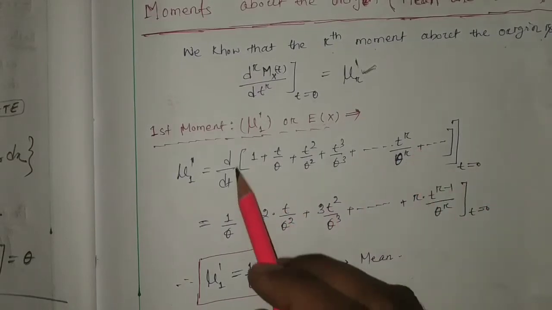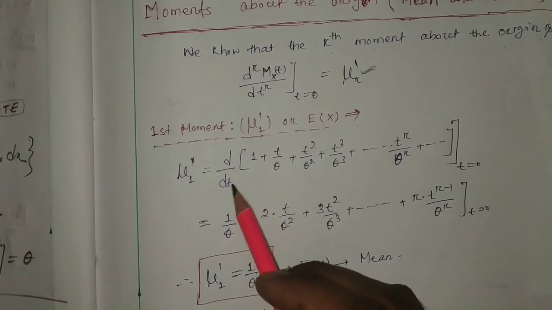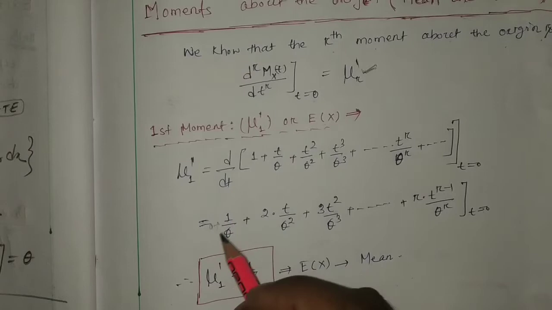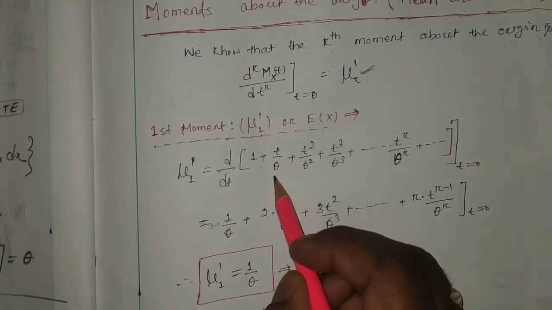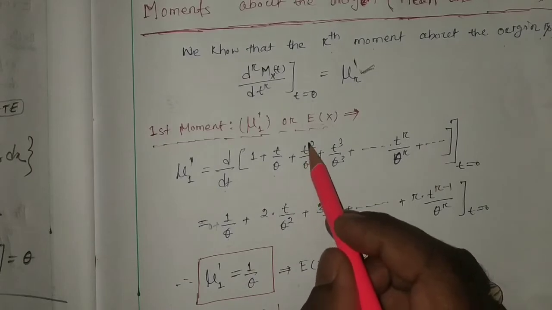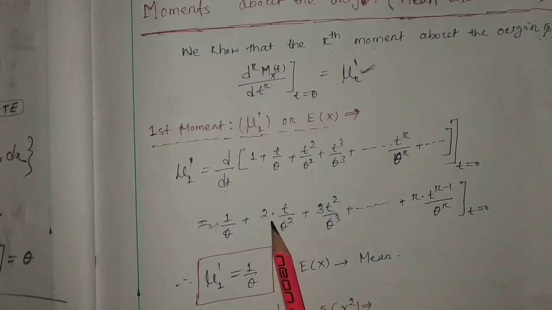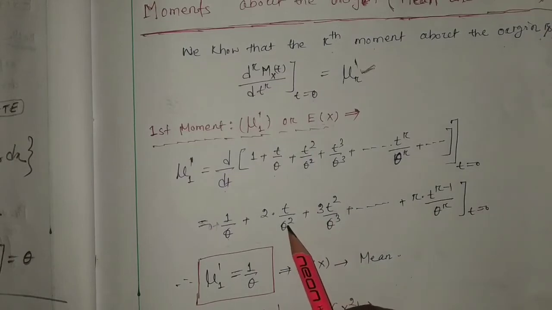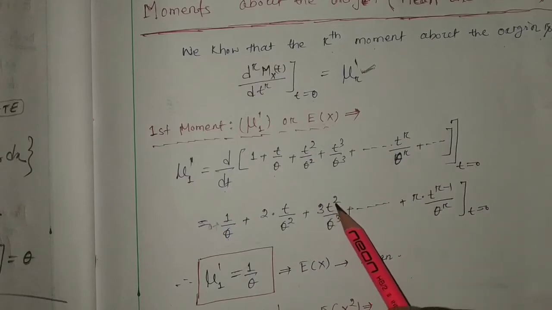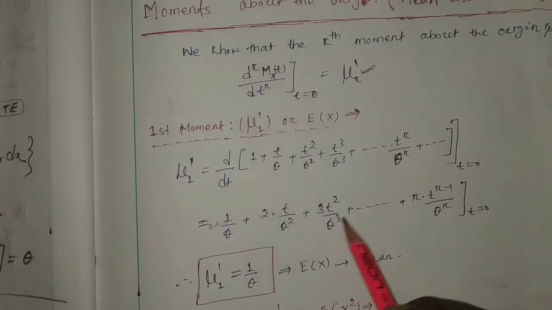Now we have to consider the first derivative with respect to t. For 1, the value will be 0. Plus t by theta differentiated with t will be 1 by theta, t square by theta square will be 2t by theta square, because theta is constant for derivative with respect to t. Then this will be 3t square by theta cube and so on.